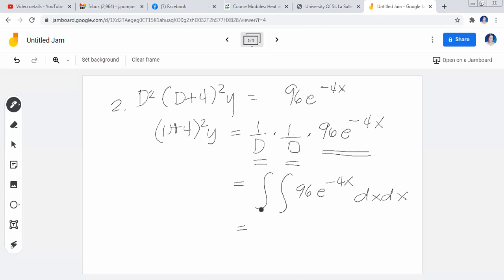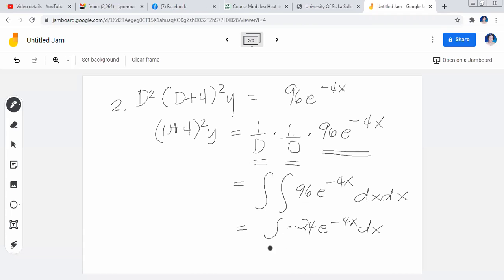So if we will have it integrated, this will be divided by 4. So this will be the integral of negative 24 e raised to minus 4x dx. Because I need to get 4 from 96, that way I will complete my e^u du here. So if I get 4 from 96, what is left is negative 24.